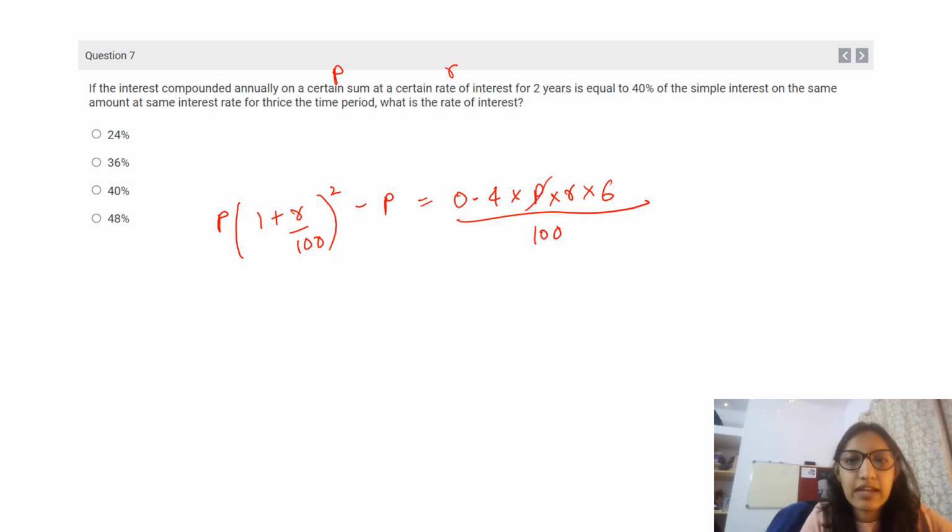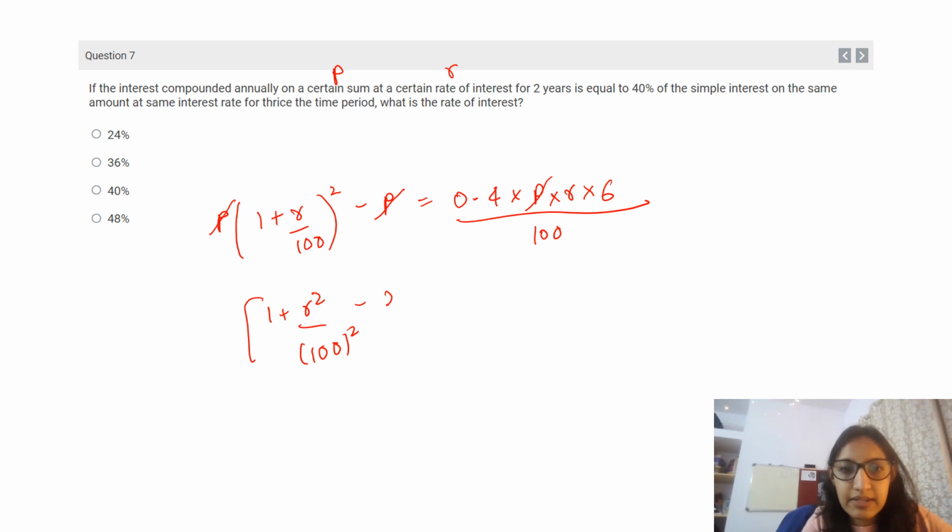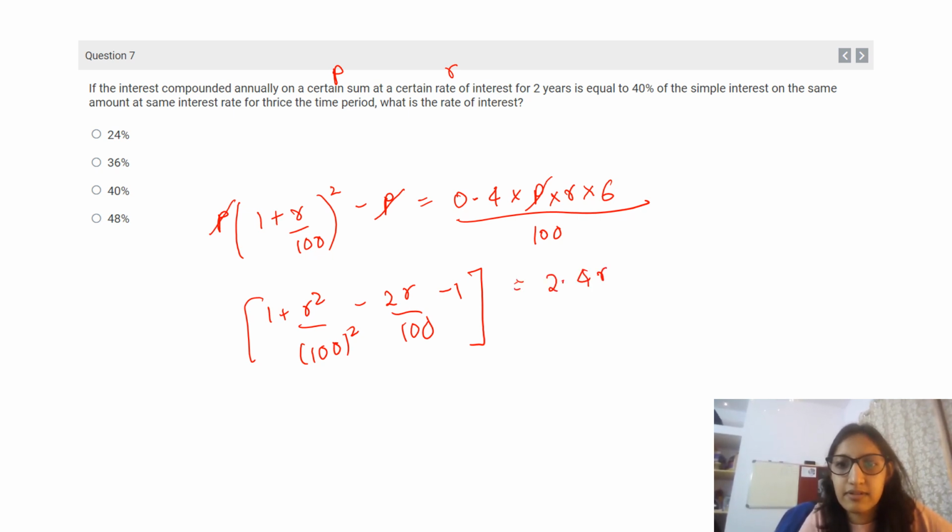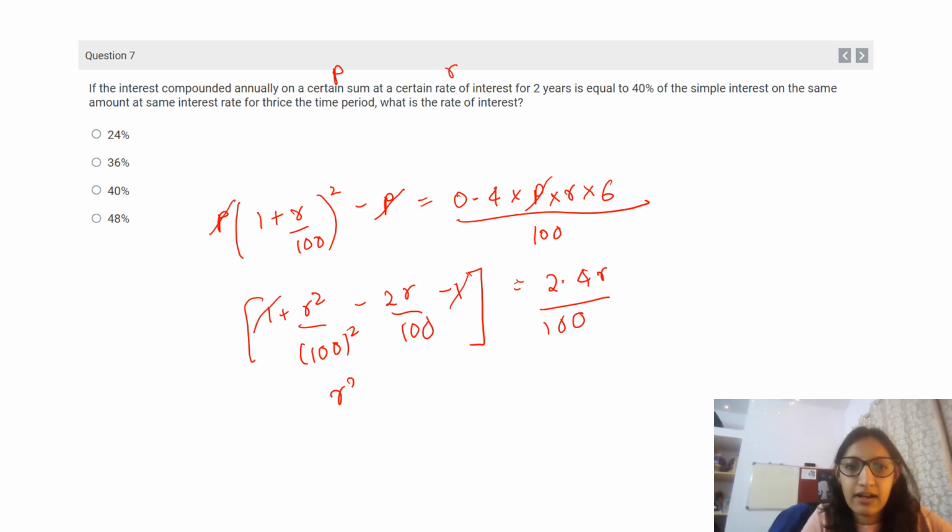So we can cancel this out of the equation. We get 1 plus R square by 100 square minus 2R by 100 minus 1 is equal to 2.4R by 100. Yes, you can cancel R square.